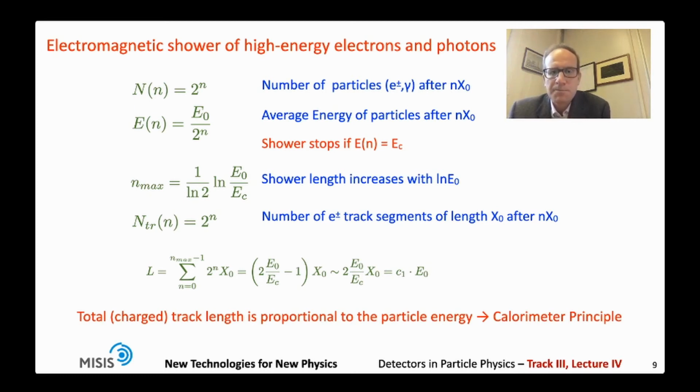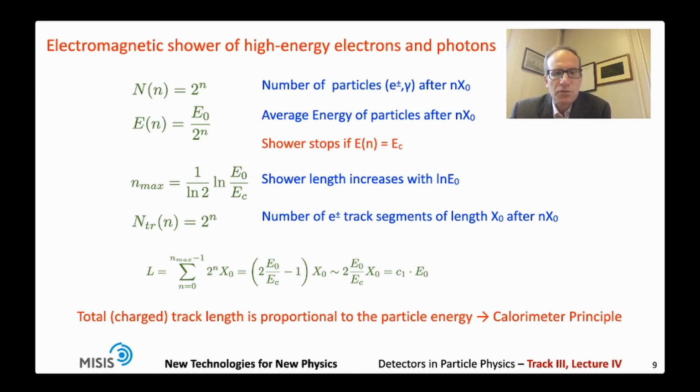But this shower development stops when the energy of the particles becomes as low as the critical energy. Below the critical energy there will be no more Bremsstrahlung, and so there will be no more shower development.